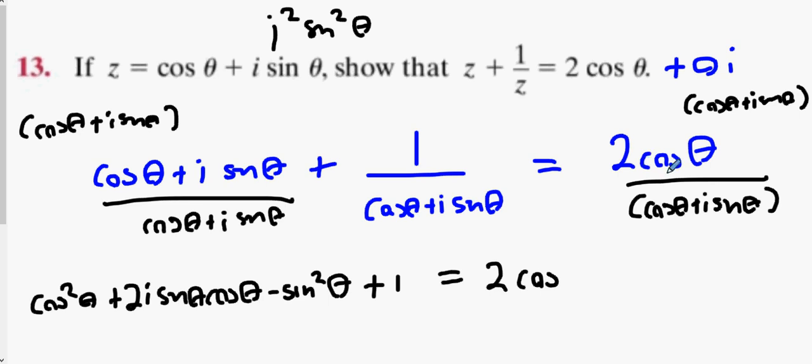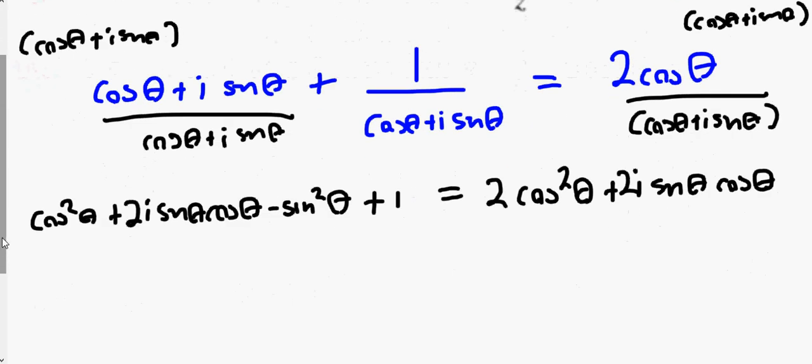So that'll be 2 cos squared theta plus i sine theta cos theta. Oh, 2 of them. Now, does anything currently match up? The 2 of them match up nicely, don't they?